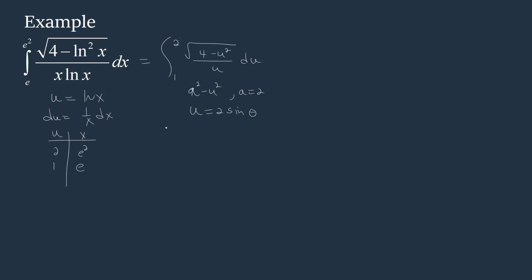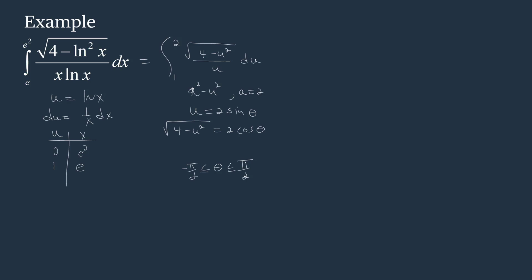Now that also means that the square root of 4 minus u squared would have to be 2 times the cosine of theta. There should be an absolute value around that cosine, but the angle range is going to be between negative pi over 2 and pi over 2, because I need to be able to solve for theta. In order to do that, I need to be able to use the inverse sine.